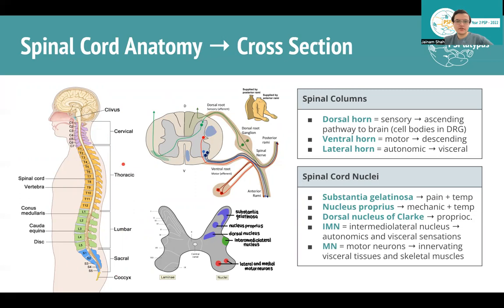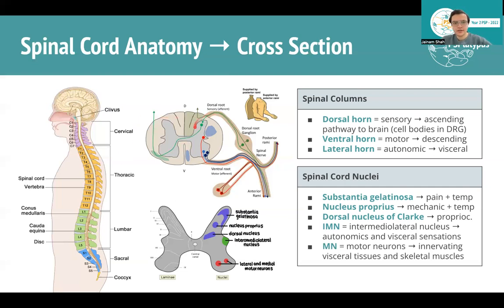The main thing to focus on here is if we were to take a cross section of the spine, what kind of things would we see, especially if we did staining, microscopy, and all those other extra fancy things. So I think the top one should, again, be revision from first year. You don't need to know as much detail as you did in first year, but it's a good idea to know what these terms mean. So you've got the dorsal horn, dorsal meaning at the back, right?